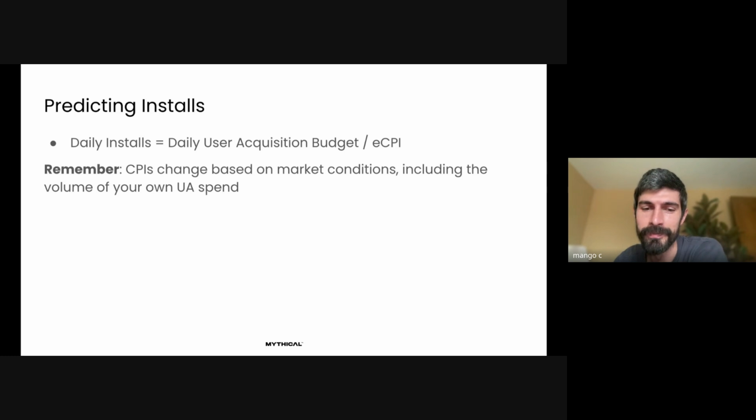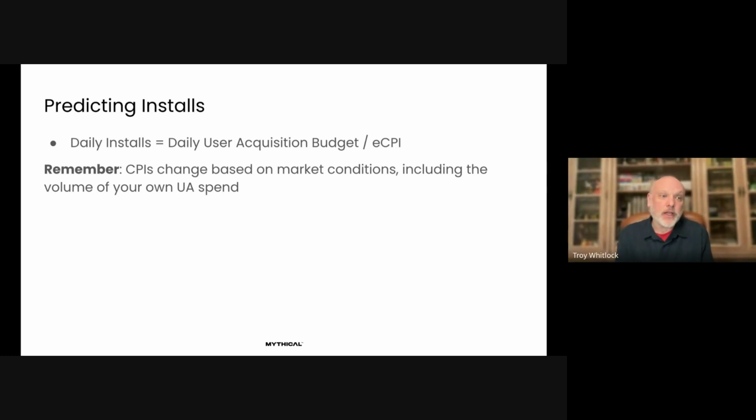So thank you. No, it goes up, and it goes up fairly quickly. It often feels like as you're pushing on the accelerator, the wind is blowing back at you harder and harder. If you're scaling very slowly, it's not hard to maintain a CPI and keep it consistent for a long period of time, if you're only driving a few hundred or a few thousand installs a day. But the problem is churn.